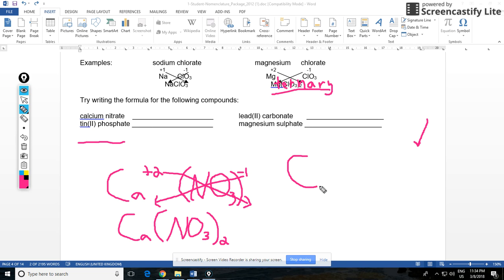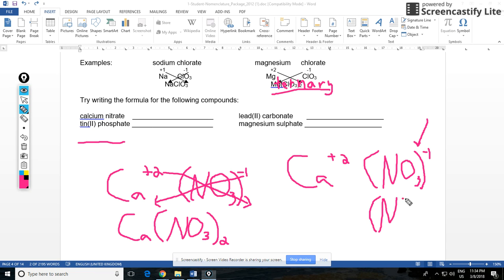You could have done the charge balancing method. Ca is +2, nitrate is -1. The only way to get 0 is to have another nitrate, because it's -1. So -1, -1 is -2. Plus 2 is 0. So you'd have 1 calcium.